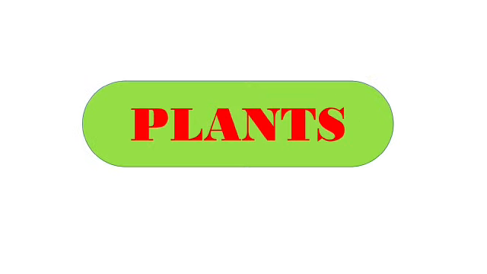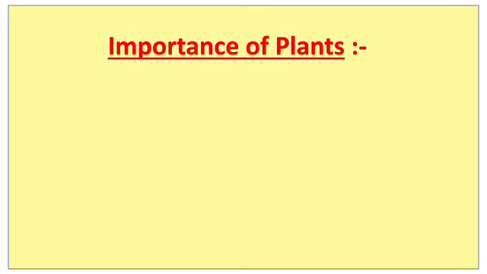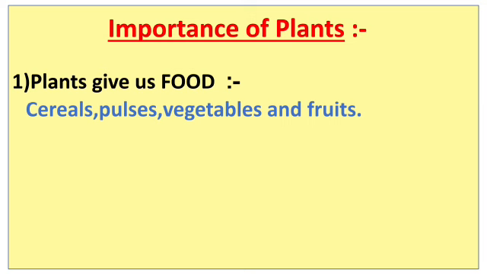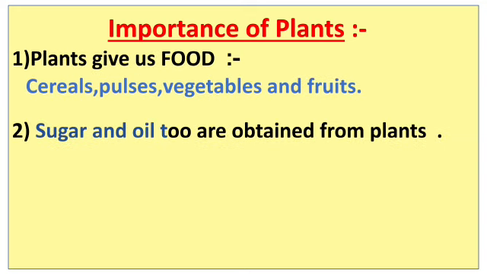Plants. Our life fully depends on nature. Plants are major parts of nature. So now, what is the importance of plants? First, plants give us food: cereals, pulses, vegetables and fruits.